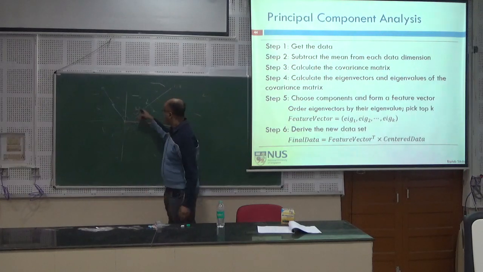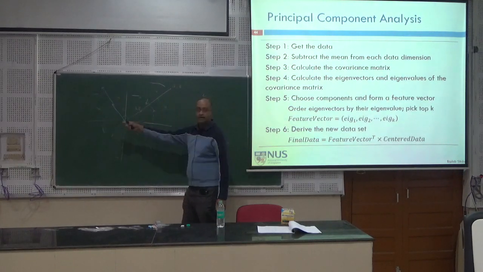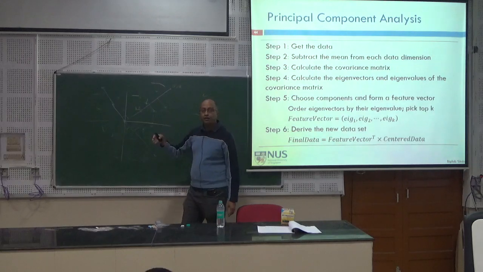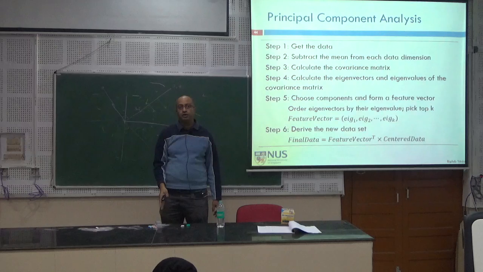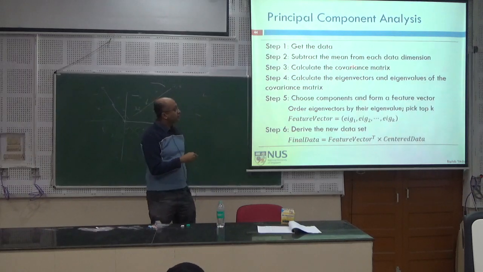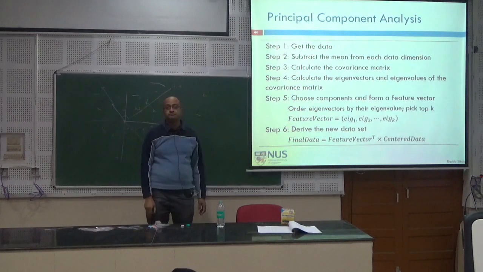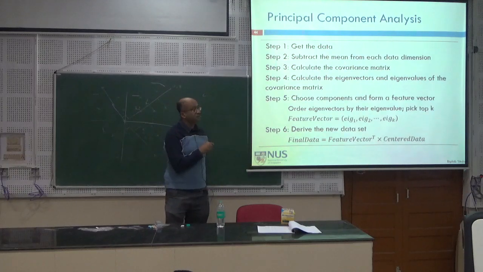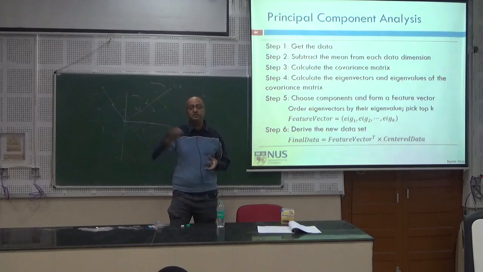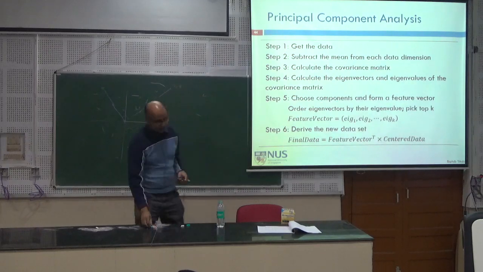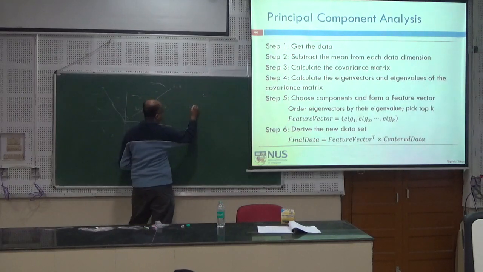So in this case, I have X and Y. I calculate the mean along X, I calculate the mean along Y, X values and Y values, and then I subtract them. So after step 2, what I have is the original data, but the means have been subtracted out.